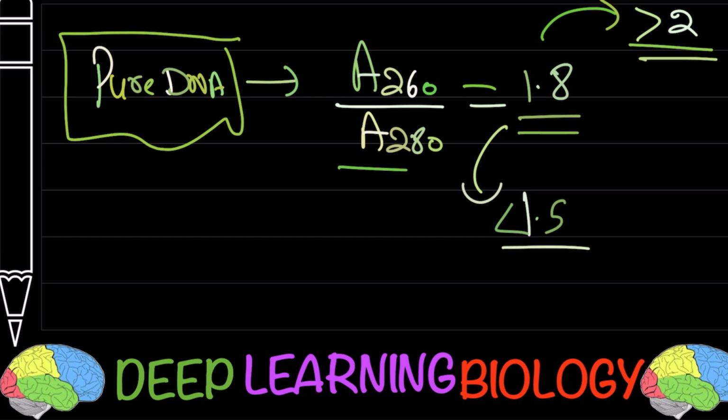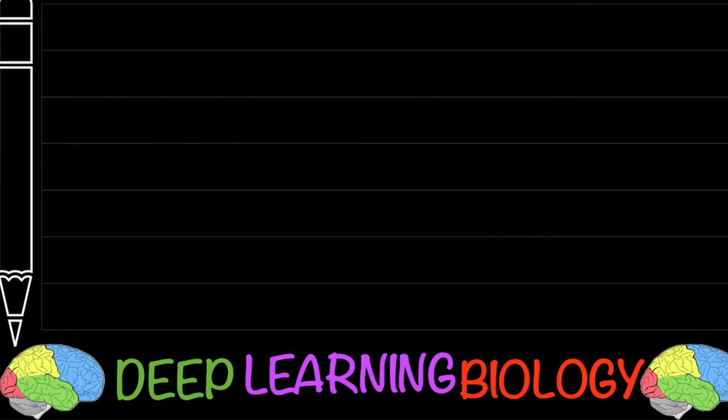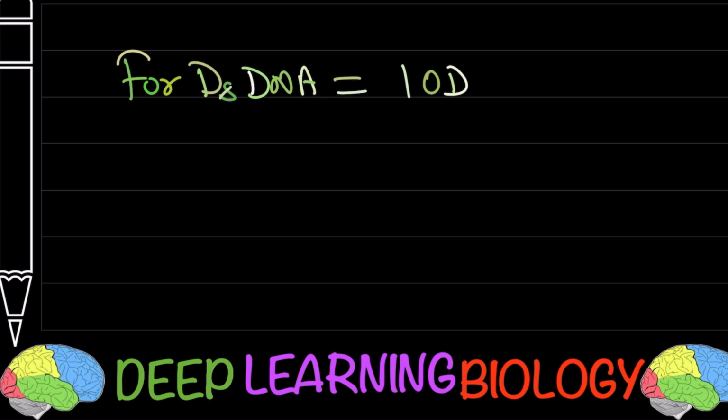Now I just want to tell you some of the relationships you must remember. When we calculate for double stranded DNA, keep in mind, 1 OD, absorbance at 260 nanometer, is equal to 50 microgram per ml.